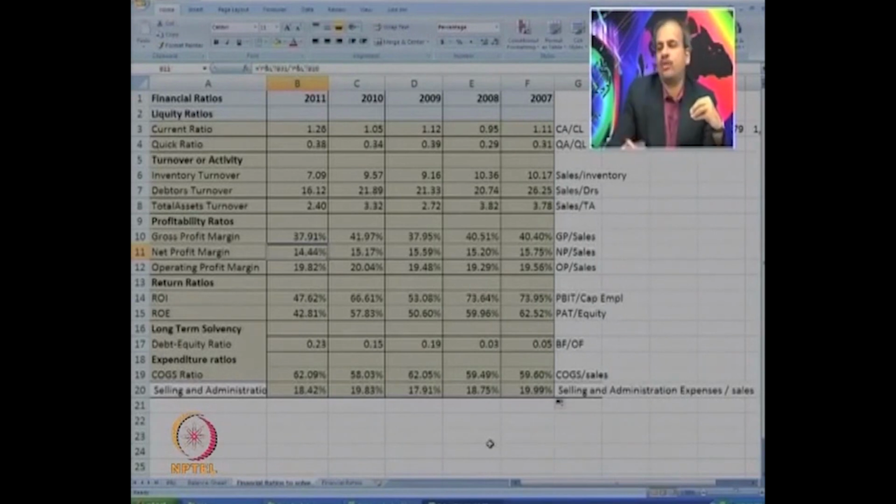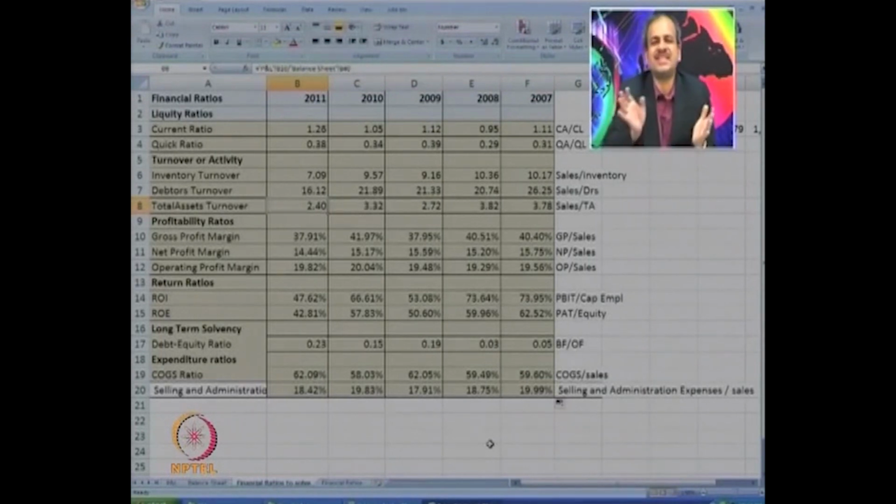There is also another linkage which you can see, that is expenditure ratio to profitability to return. You can also see another linkage, that is from turnover. So, the company's efficiency in use of assets is falling, particularly if you look at the inventory turnover ratio and the total asset turnover ratio. The company is not able to use assets as effectively as it was using earlier.